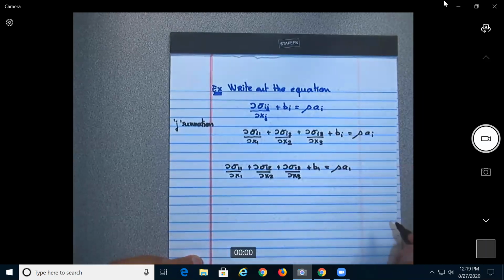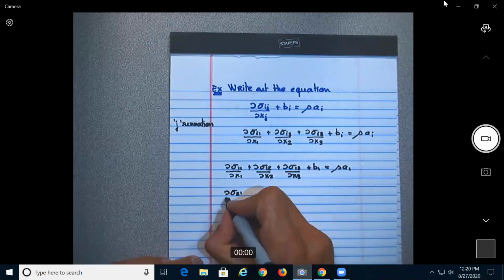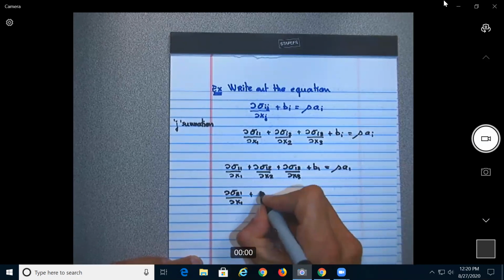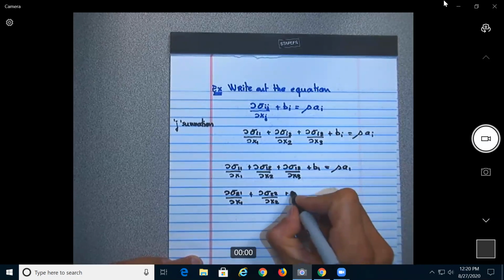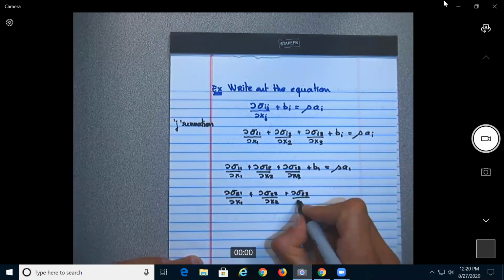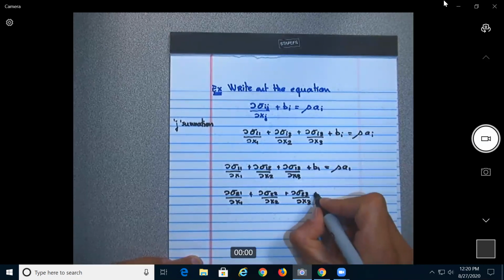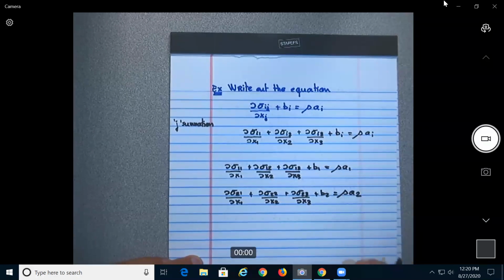This would be one equation. The next equation will be partial of sigma 21 over x1 plus partial sigma 22 over x2 plus partial sigma 23 over x3 plus b2 equal to rho a2.